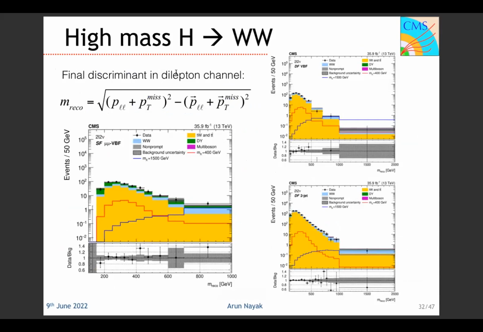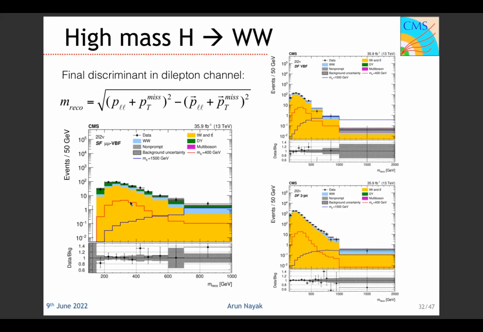Okay, so the final discriminant in the dilepton channel is the so-called m_T or reconstructed mass, which is a combination of the missing PT and the dilepton momentum. Here you see the distributions for this final discriminant for various production categories and channels. Here it's a same flavor VBF category, and here, for example, different flavor like e mu, and then the VBF and 2 jet categories.